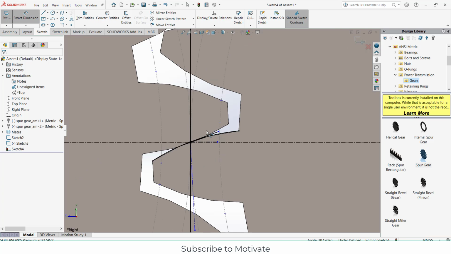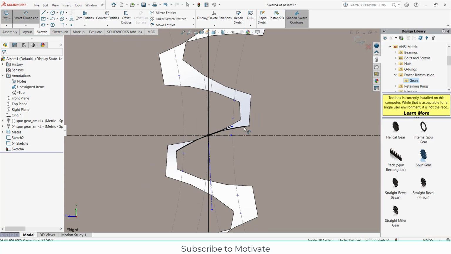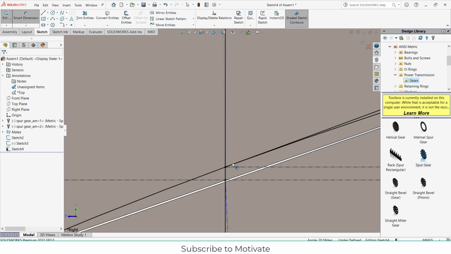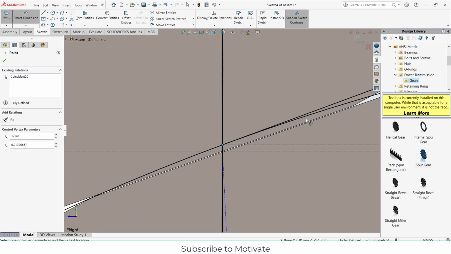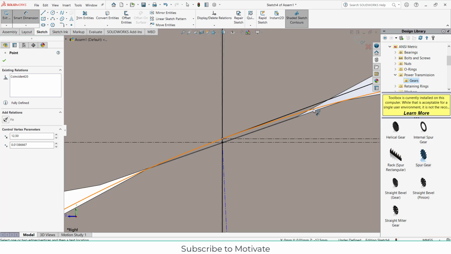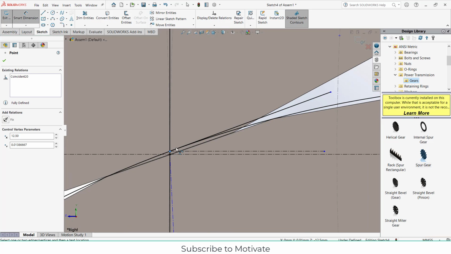So what is a pressure angle and how can we measure it? In my case, you can see this point is the pitch point. I draw a line that is tangent to this curve. This point is common between these two gears, and the line is normal to the pitch circle.